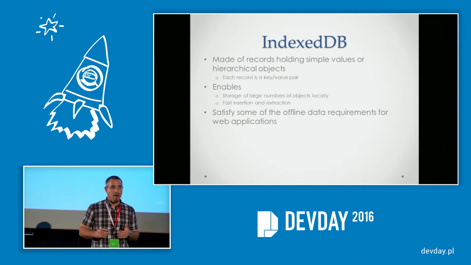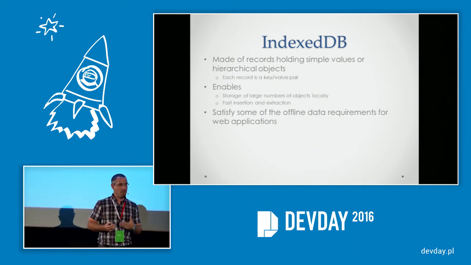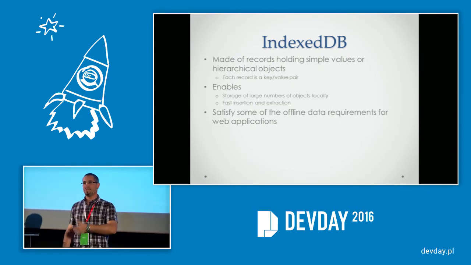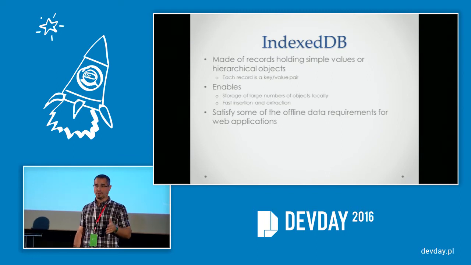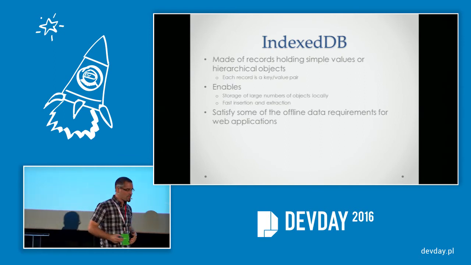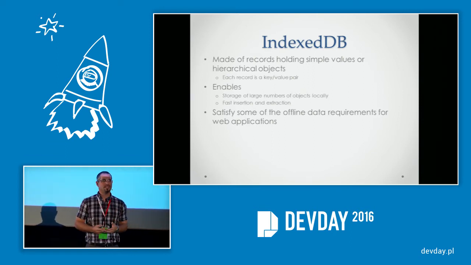So how does IndexedDB work? We have object storage to store objects in key value format. For each object store, you can add indexes so you can do fast retrieval by some index. You can have cursors to go around or to read the entire object store. And it's really satisfying for offline options.